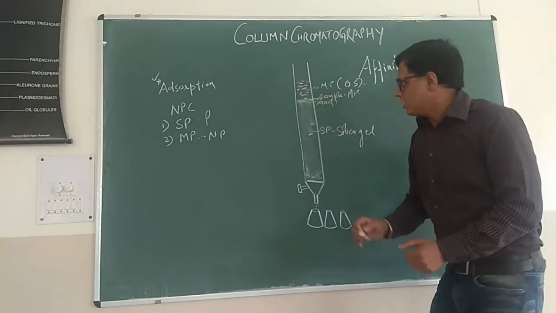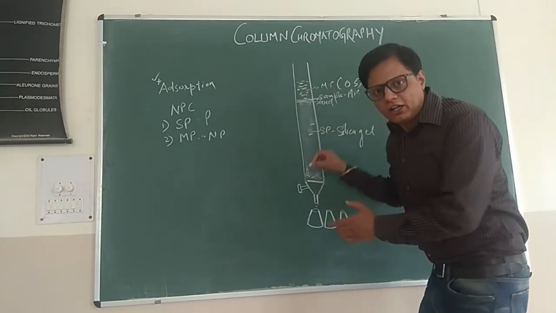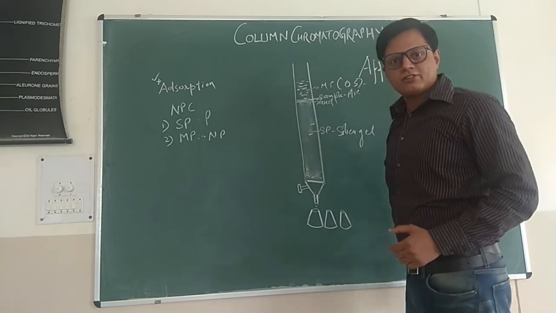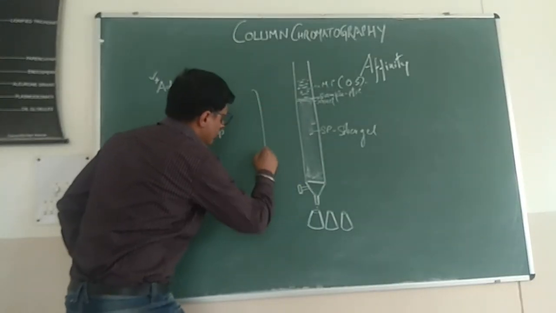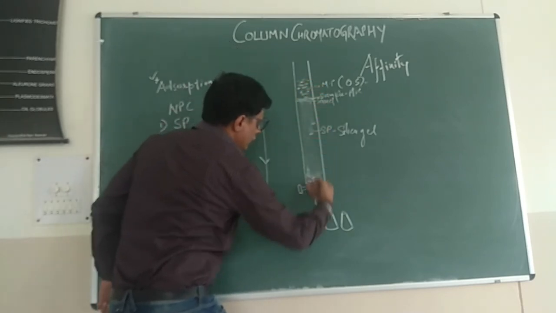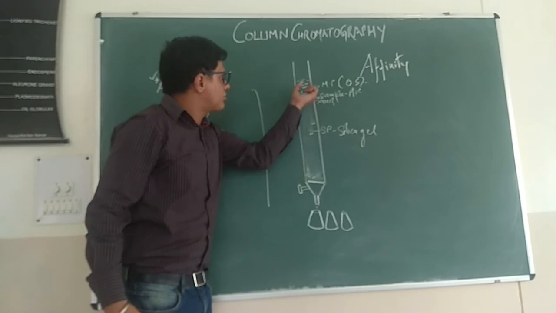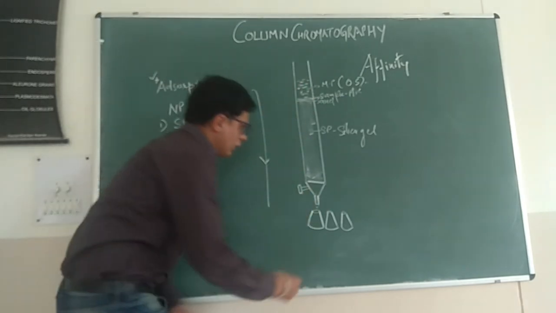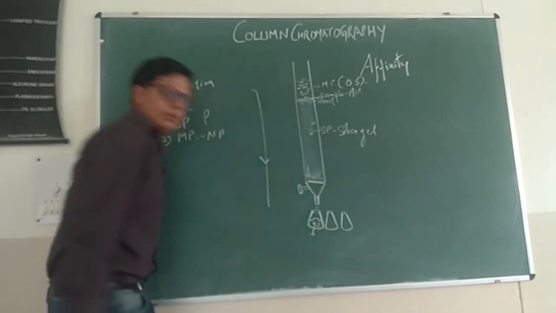If the compounds present in this mixture have greater affinity towards the mobile phase, they will elute first. I hope you know this is elution. The mobile phase will elute them. So the compounds which have greater affinity towards the mobile phase will elute first.